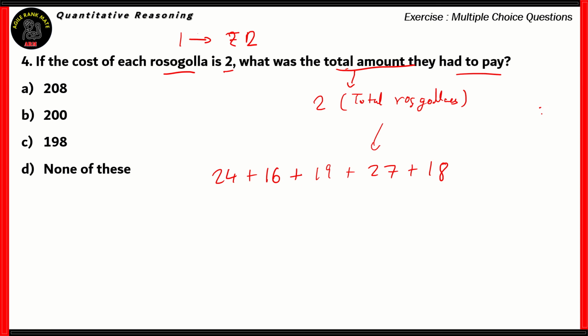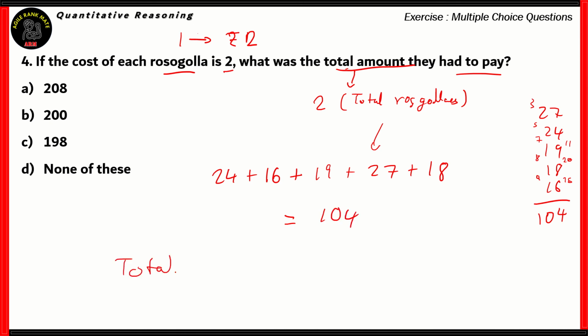So when we add those up like this, 19, 18, 16, 7, 4, 11, 9, 20, 28, 34, 3 gets carried over, 3 2s 5, 5 2s 7, 8, 9, and finally 10. So therefore, the total number of rasgullas is 104.